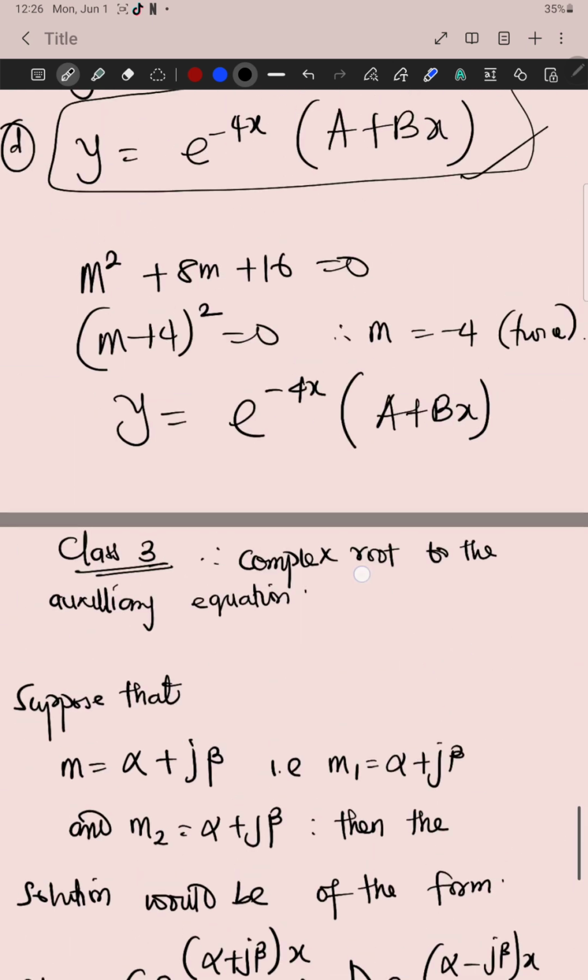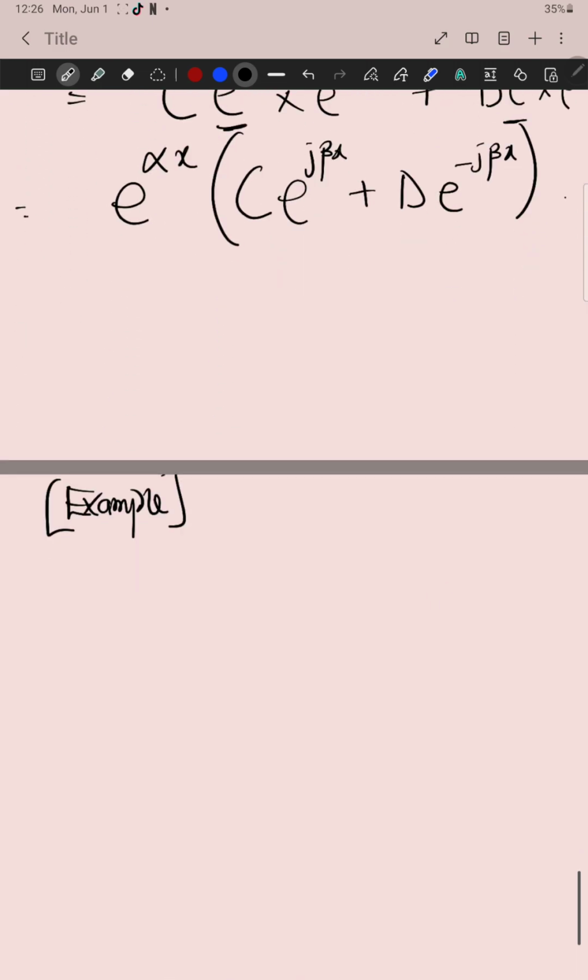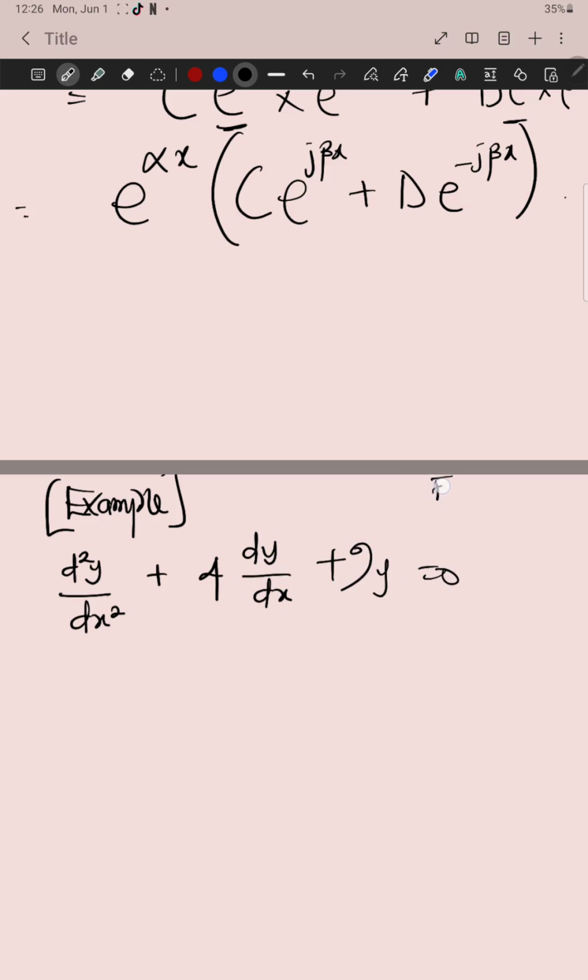Class 3, when you have complex roots to the auxiliary equation. Now, example: d squared y over dx squared plus 4 dy over dx plus 9y is equal to 0. This is past question PQ 2011.